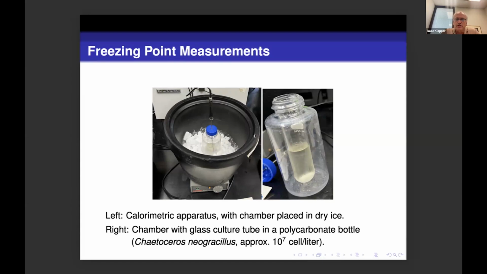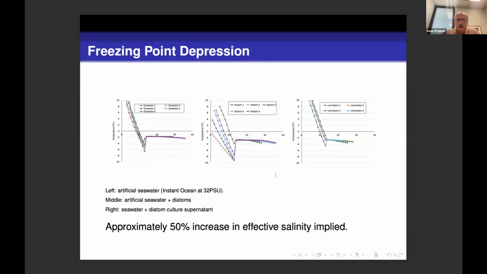So we had a pretty simple experiment where we took some stuff and put it in a bath of dry ice and then measured the temperature, and I'll show you what they got. So these are temperature versus time measurements.